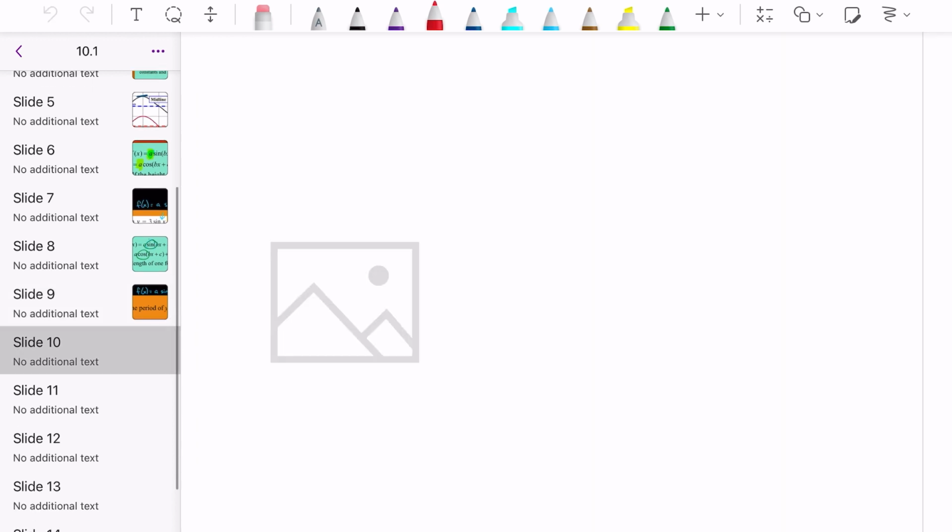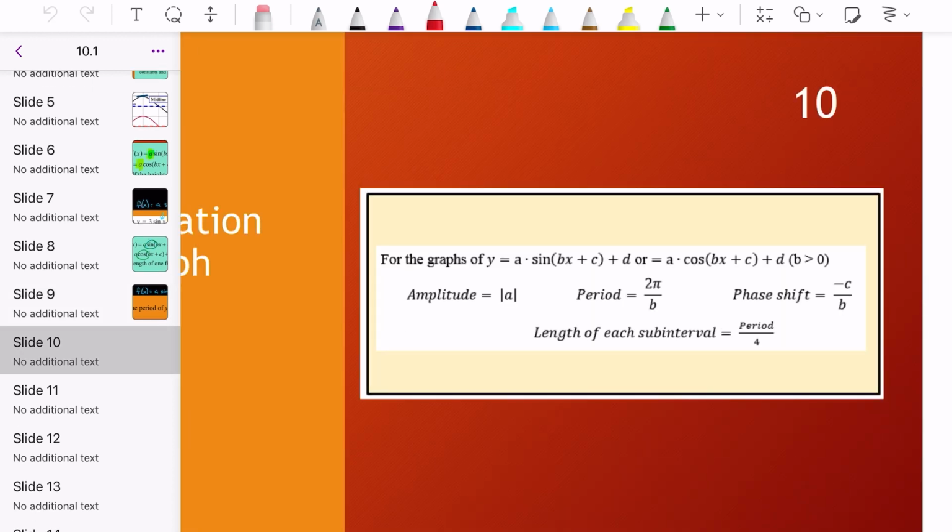Let's go ahead to slide 10. Now here on this slide, we have all of our important equations on one page. Now, whether we are doing y is equal to a times sine of bx plus c plus d, or cosine, notice our b will be greater than 0.